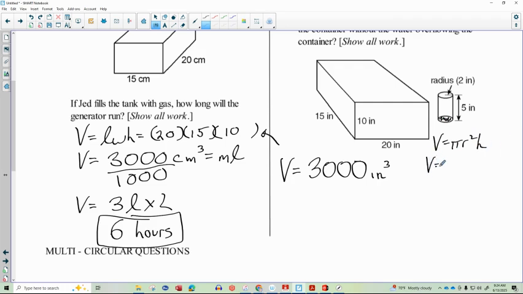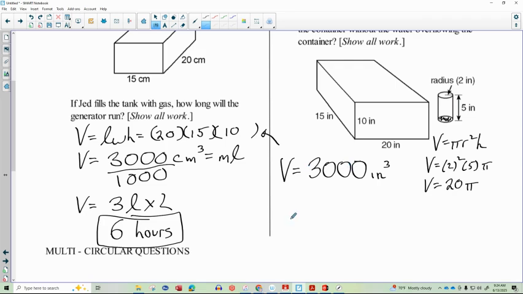My radius is 2, so it's going to be 2 squared times 5, and I'm going to stick the pi at the end and keep it in terms of pi. So the volume is 2 times 2, which is 4, times 5, which is 20 pi.